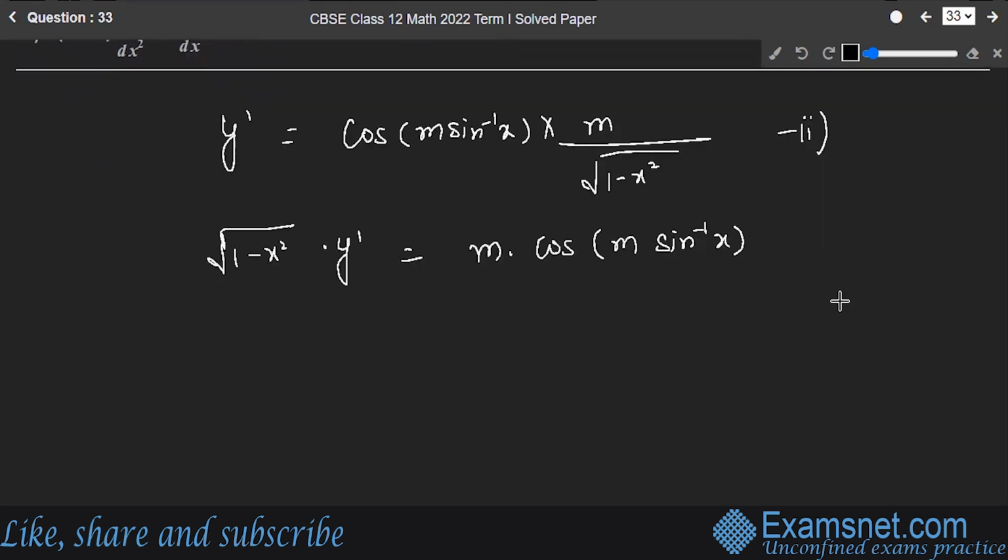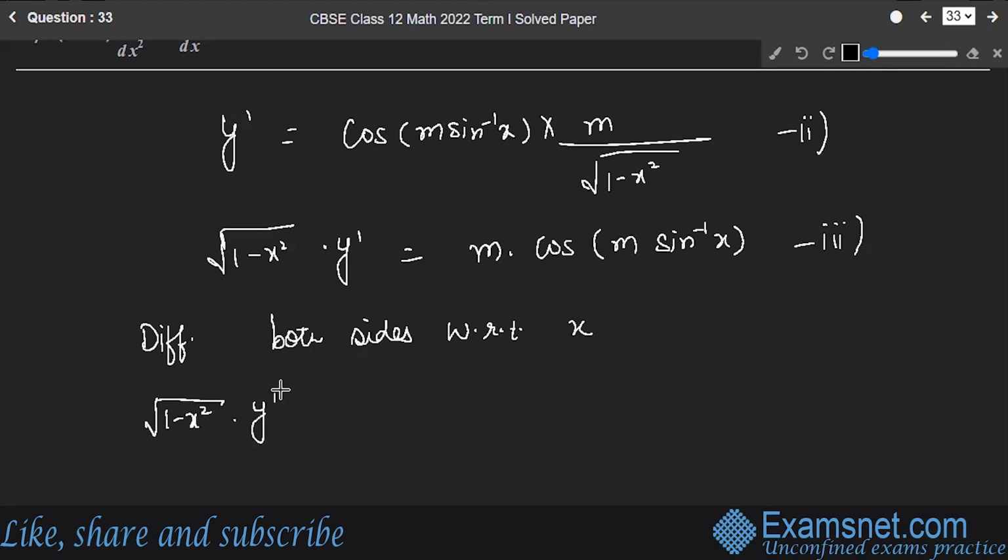Let's say this is the third equation. Now again differentiating both sides with respect to x, you will have the first function into derivative of second plus second function into derivative of first.